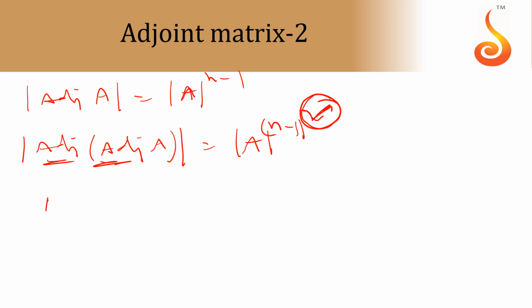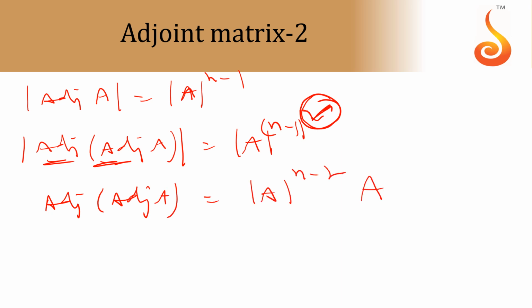Then suppose you want to calculate the adjoint of adjoint A matrix, simply det A whole power n minus 2 into A. So to the matrix A, you multiply det A whole power n minus 2, and you will get the matrix adjoint of adjoint A. See, adjoint A of a 3 by 3 has 9 elements, cofactors have to be found, the cofactor matrix obtained, its transpose is the adjoint.